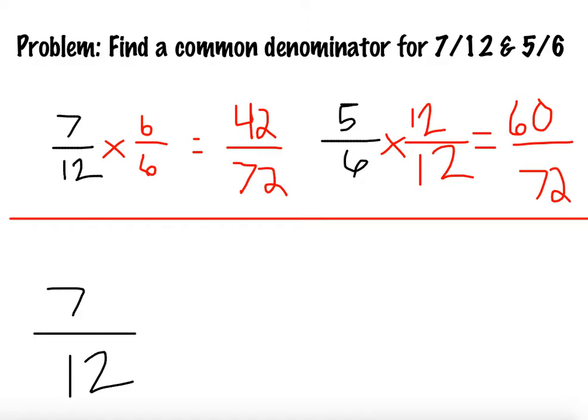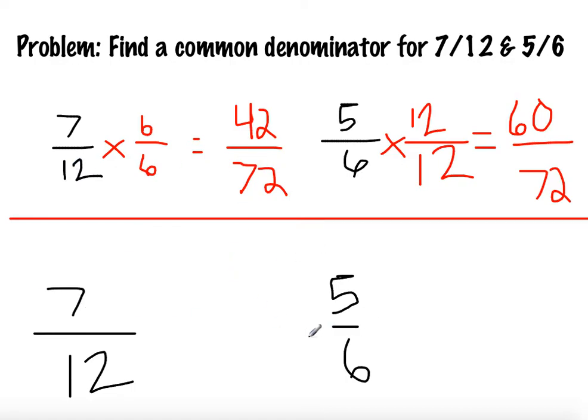So what do I mean by that? I will show you. Let me just rewrite this here. So with the top one, all I did was multiply the opposite fraction by the denominator. So I got this 6 from this fraction, I got this 12 from this fraction, or this denominator.